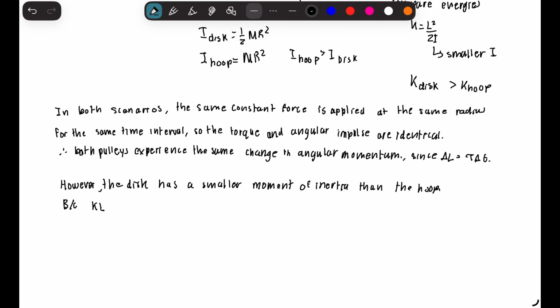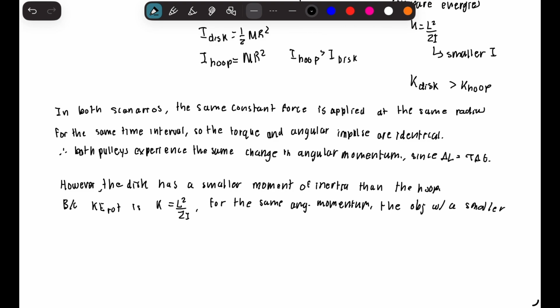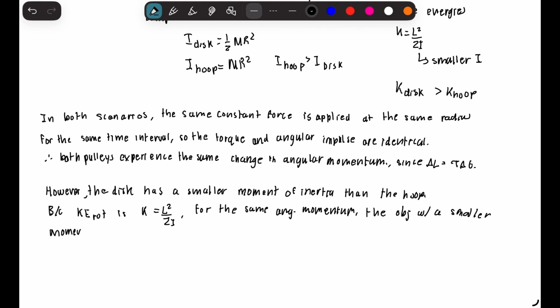Because rotational kinetic energy K is equal to L squared over 2 times I, for the same angular momentum, the object with a smaller moment of inertia has a greater rotational kinetic energy, and that's because I is in the denominator.